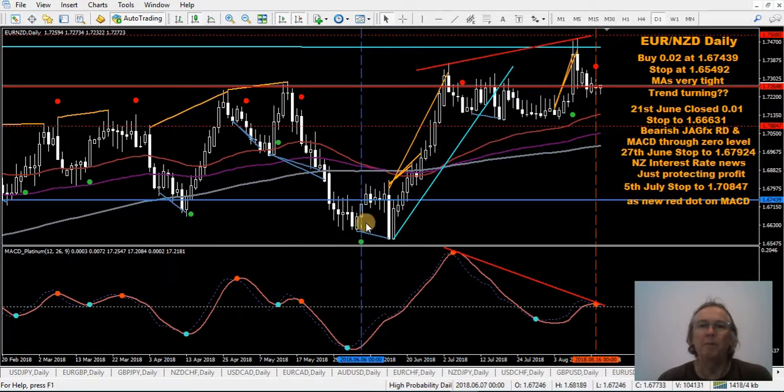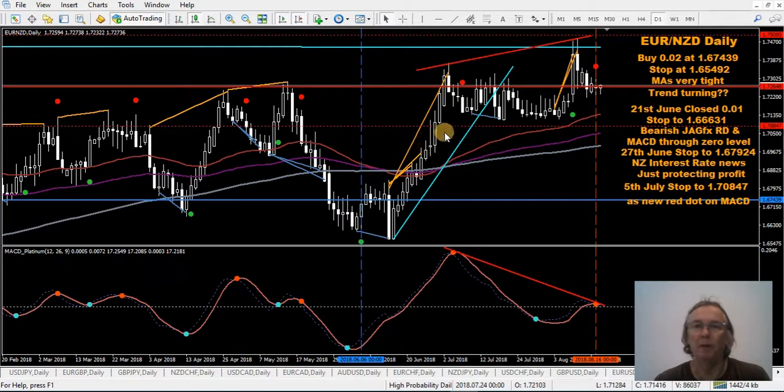Euro NZ, still in this buy from back here. Stops here for that. This morning I took a new sell. Regular bearish divergence, as you can see here. I know the MACD is close to the zero level. That's not such a big deal though. It's because of this divergence. And I've got a partial hedge.